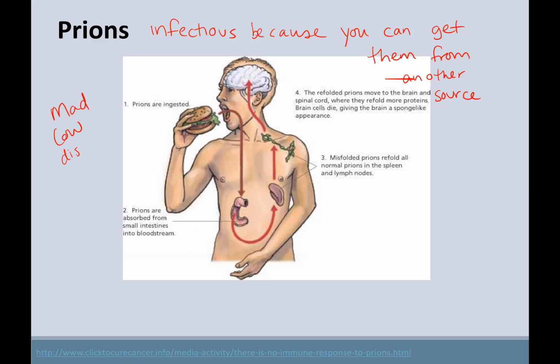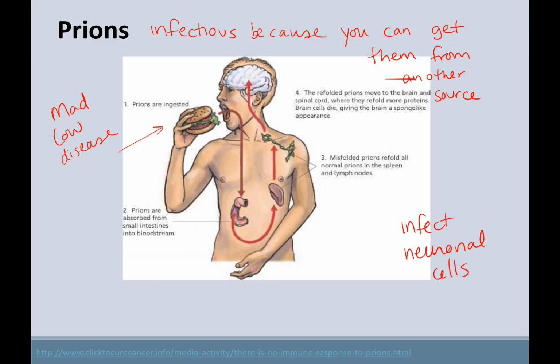So those are prions in cattle. And what happens is they contaminate the food or the meat you eat. Okay, so the prions are going to infect neuronal cells, but when they slaughter the cattle, some of this brain and nerve cell contaminates the meat.